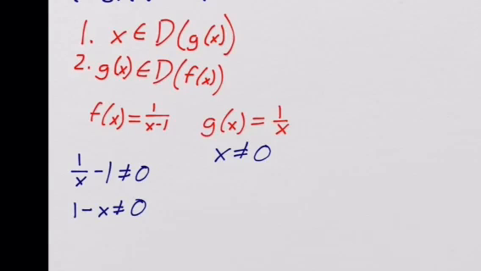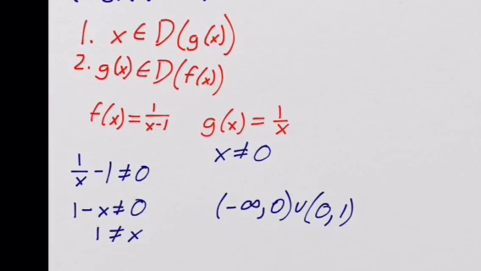Rather than subtract 1 from both sides and then divide by -1, I'm going to take the liberty of adding x to both sides. And I get 1 does not equal x. So we get the domain of this function: -infinity to 0, union 0 to 1, union 1 to infinity.